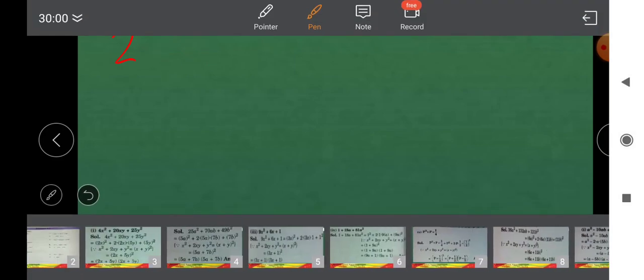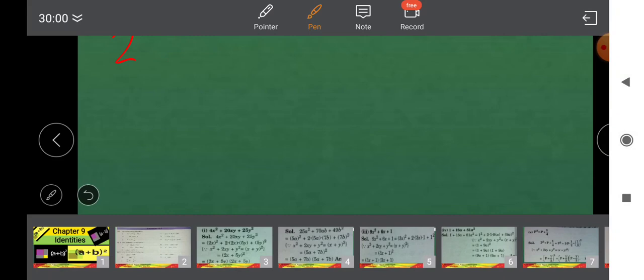Okay, see, now third, this is related to the third formula that we have studied.